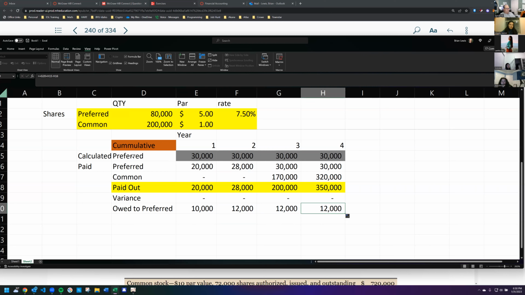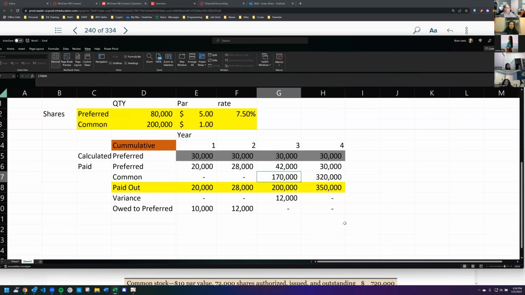So if we keep this exactly the way we have it now, on the cumulative side, the minute we got to a point where there is some excess cash, which is in year 3, then we would pay the preferred stockholders what they're owed in arrears plus the current year. So this would be $42,000.